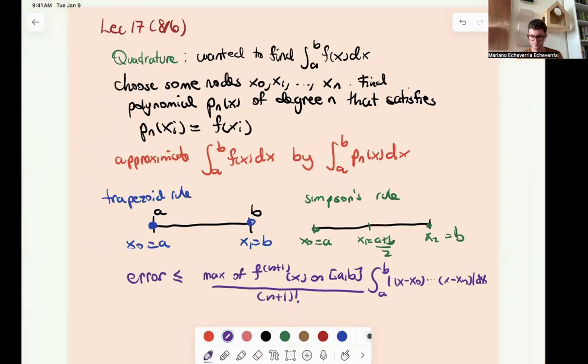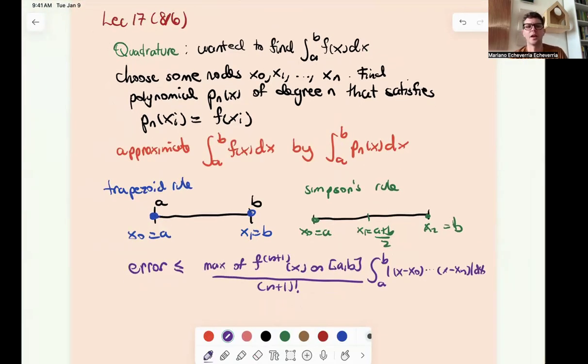We estimated some errors, at least for the simple function e to the x squared, and all those things.